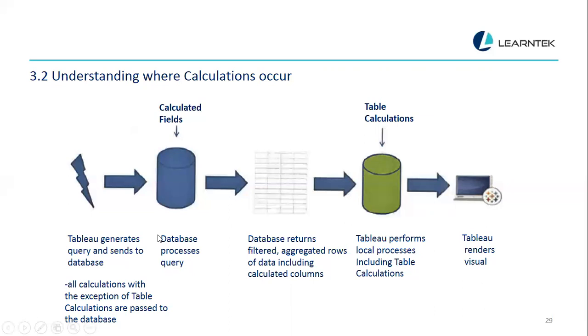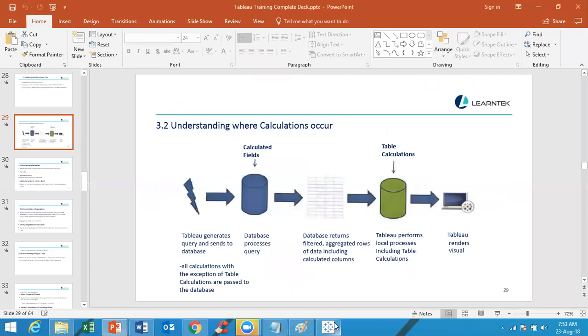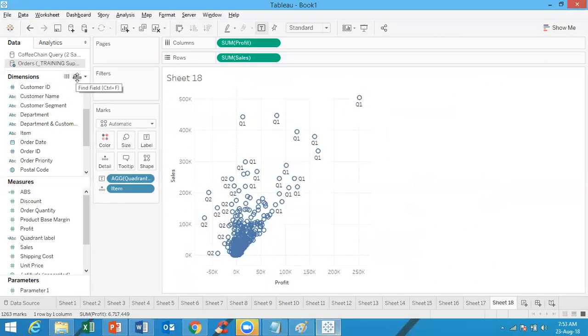So the database returns the resultant set by creating a new column. Also, you can see in the view that when you create a calculated field, Quadrant Label is a calculated field that we have created. So a new field has been created in the data source. So using a calculated field, a new column is created.